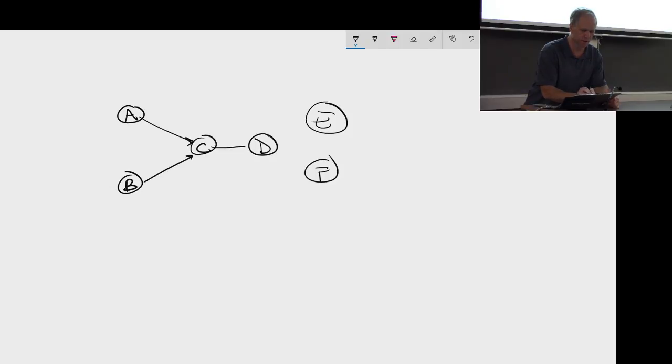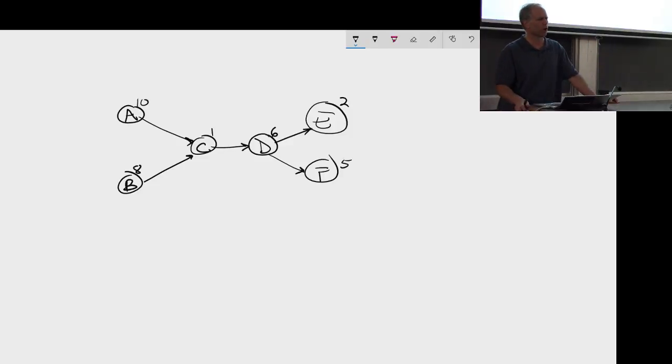So remember the price and cost example I did on DAGs. The idea was that you have a DAG, and every vertex has a price. So let's say the price is 2 or 5 or 6 or 1 or 8 or 10. And what was the cost? How was the cost of the vertex defined?